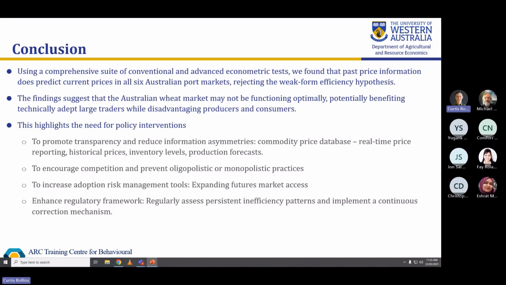Policy should also encourage competition and prevent oligopolistic or monopolistic practices, and increase the adoption of risk management tools such as expanding futures markets for Australian grains, and enhance the regulatory framework by regularly assessing the persistent inefficiency in the market and implementing continuous correction mechanisms.